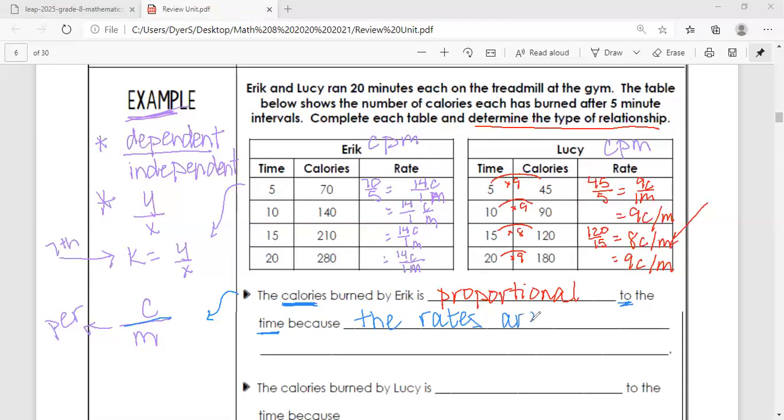are equivalent. You can say the same, you can say equal, all of the synonyms that mean equivalent. All right, the calories burned by Lucy, again, it says calories to time.